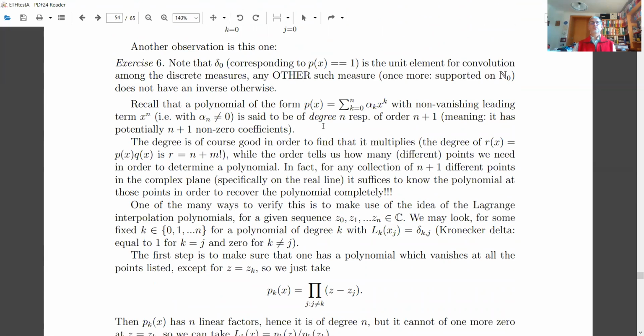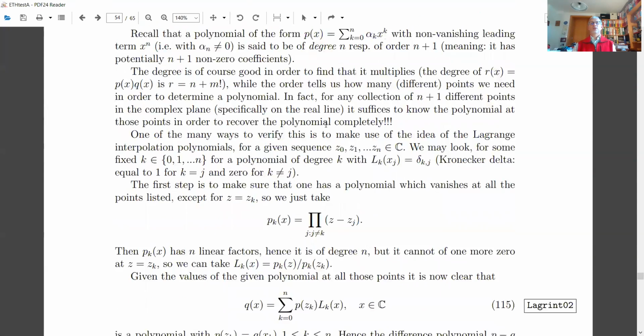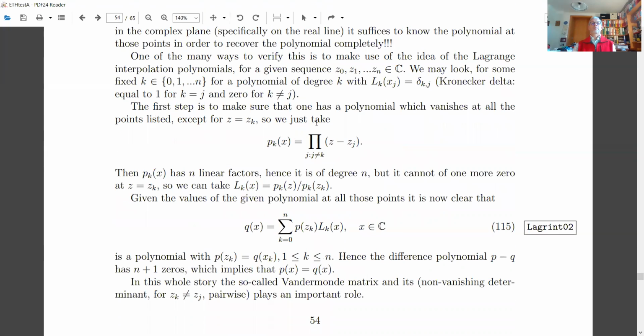So the degree of a polynomial is, for a cubic polynomial, degree 3, but it has 4 coefficients. Degree is good for multiplication, so degrees add up by multiplication, whereas order tells you how many values you need from a polynomial in order to recover it.